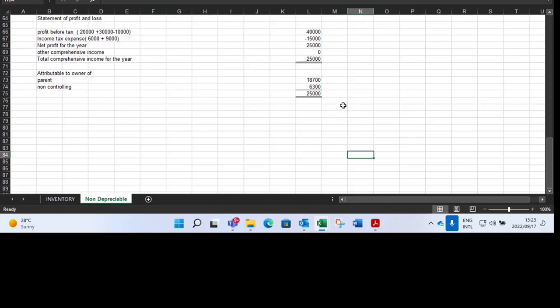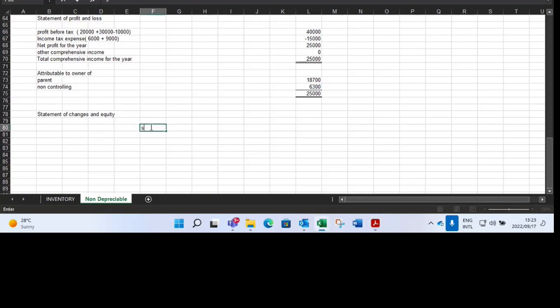None. Then we have the statement of change in equity. Statement of change in equity for the year ended.